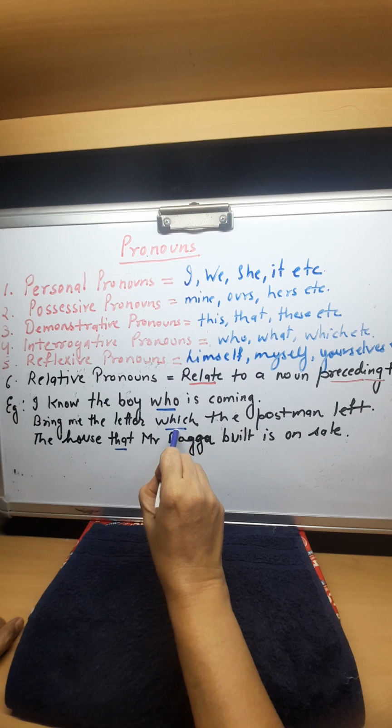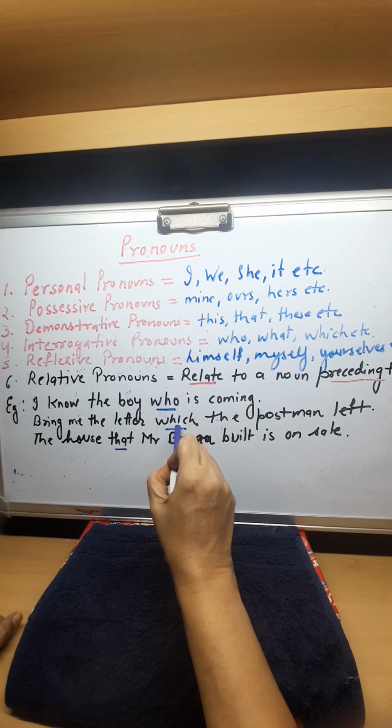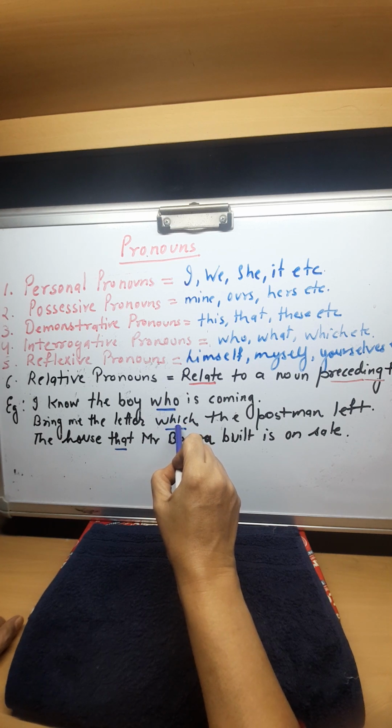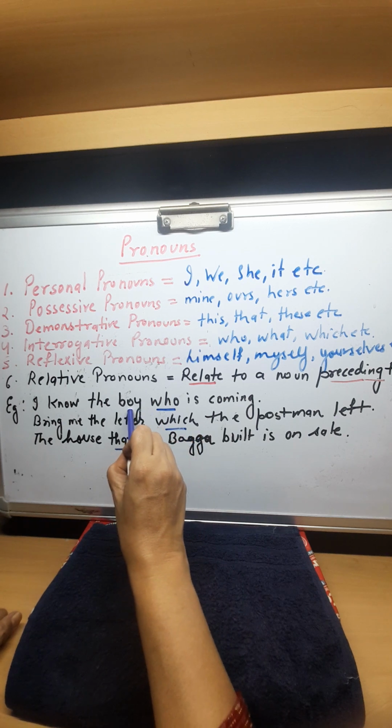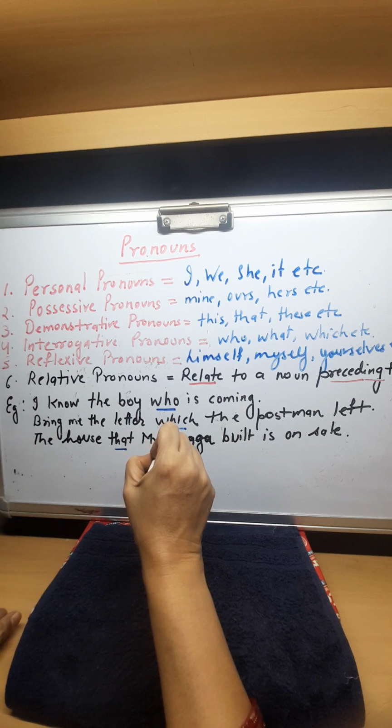So, whenever the sentences are there, find out the relative pronouns. Then you will write these are the relative pronouns. But at the same time, they are going to ask you to which noun it is related. So you have to tell the noun which is preceding these pronouns.